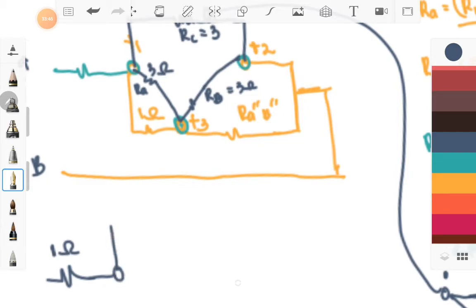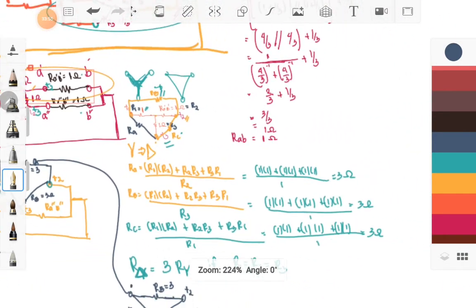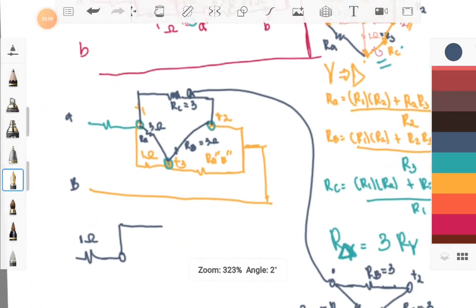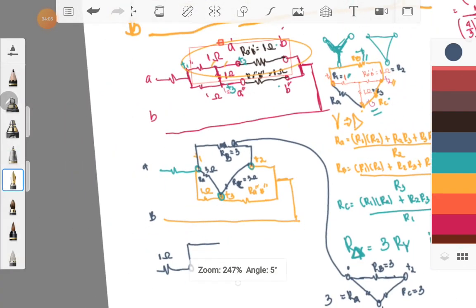Our 1 ohm, this is our terminal RC. This is also indicated as your terminals. Let's flip this, so this is your RC and this is our RB, though it's okay because they're the same.